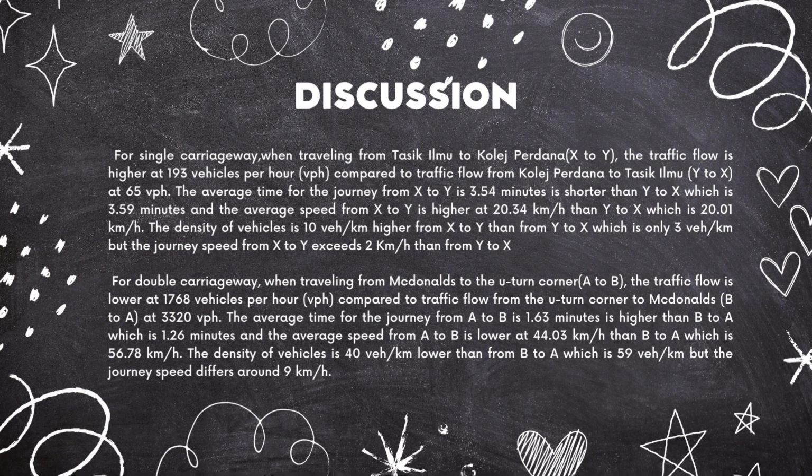The average time for the journey from A to B is 1.63 minutes, higher than B to A, which is 1.26 minutes, and the average speed from A to B is lower at 44.03 km per hour than B to A, which is 56.78 km per hour. The density is 40 vehicles per kilometer, lower than B to A, which is 59 vehicles per kilometer, but the journey speed differs by around 9 kilometers per hour.